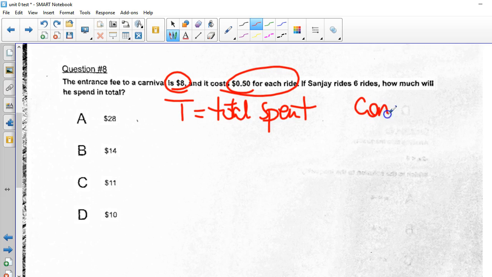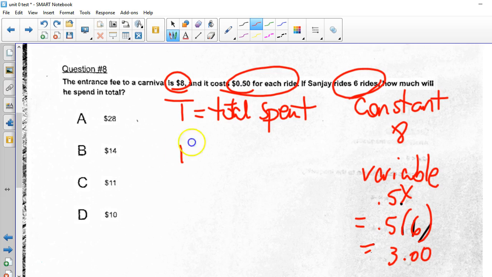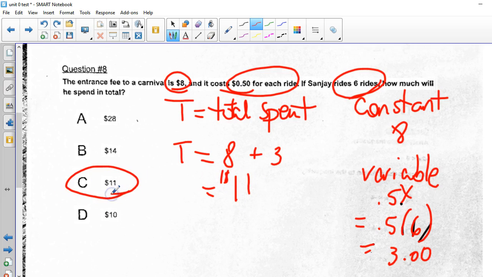So my constant term is 8 and my variable term is 0.5x. But I know that I have 6 rides, so it's really 0.5 times 6, which is $3. So I know that my total spent is going to equal $8 to get in plus the $3 you spent on the rides. So I'm going to spend $11 altogether. Answer choice C.